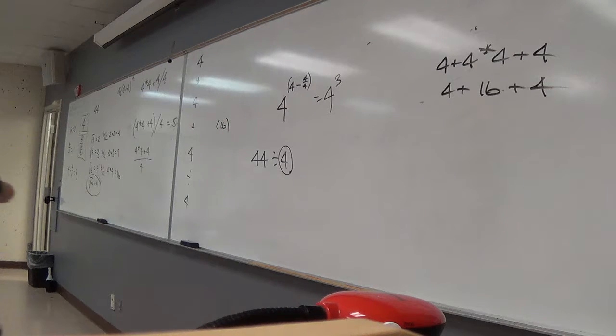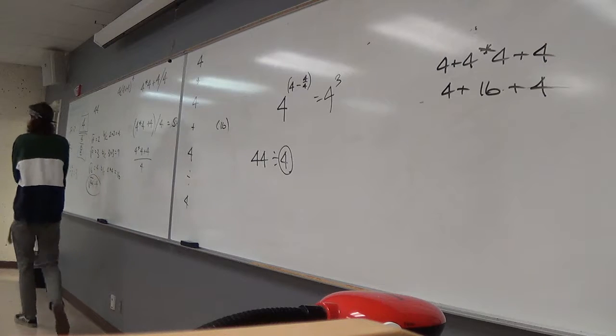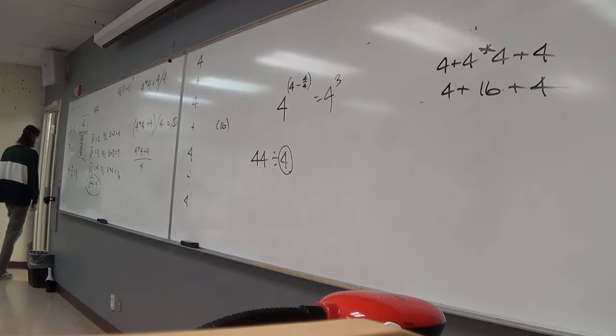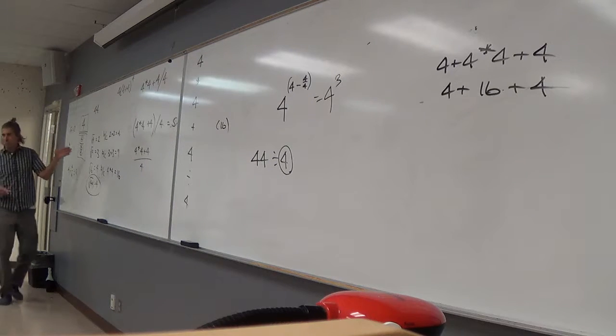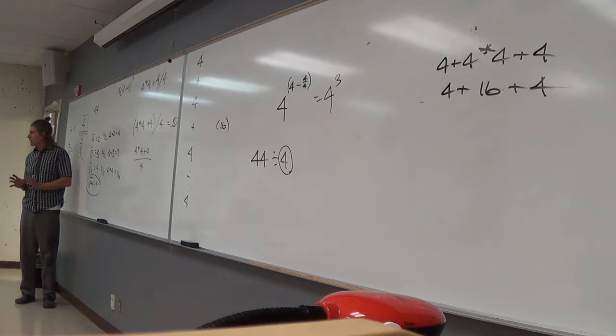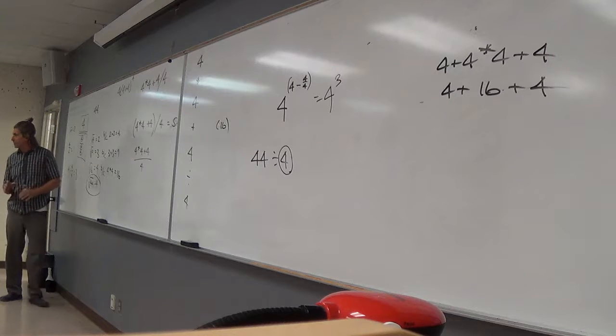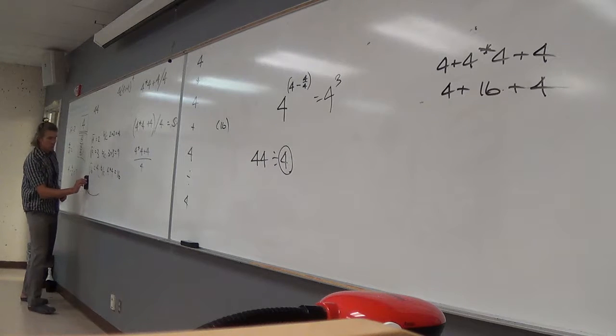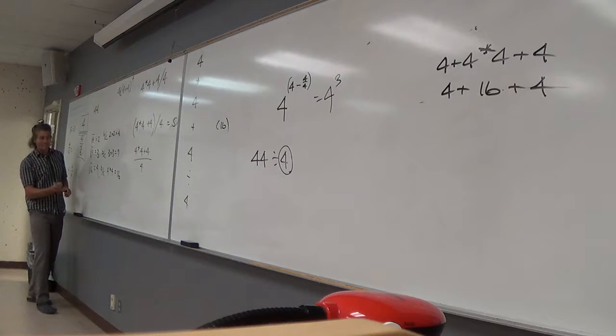So, Teresa, if you're using square roots, totally fine, right? I encouraged you to use square roots. The problem with square roots, remember the examples we were doing? Square root of 4 is 2, square root of 9 is 3, square root of 16 is 4. Notice how I only used certain numbers. I didn't use other numbers to take square roots of. For example, I didn't do the square root of 5. Did you notice that?